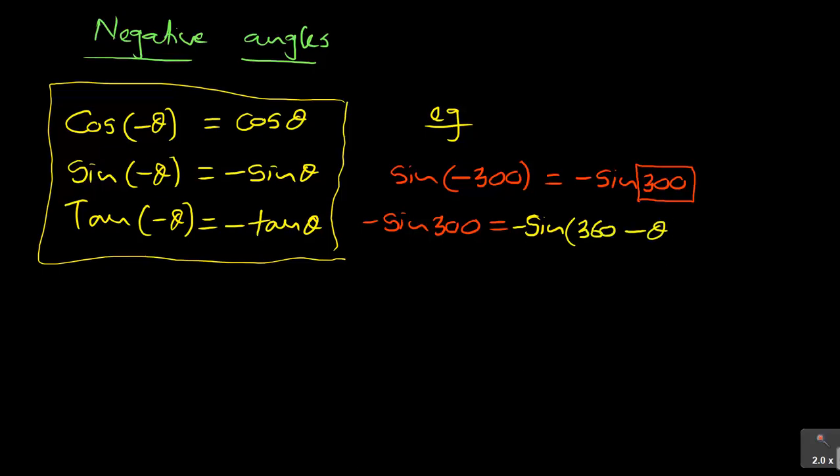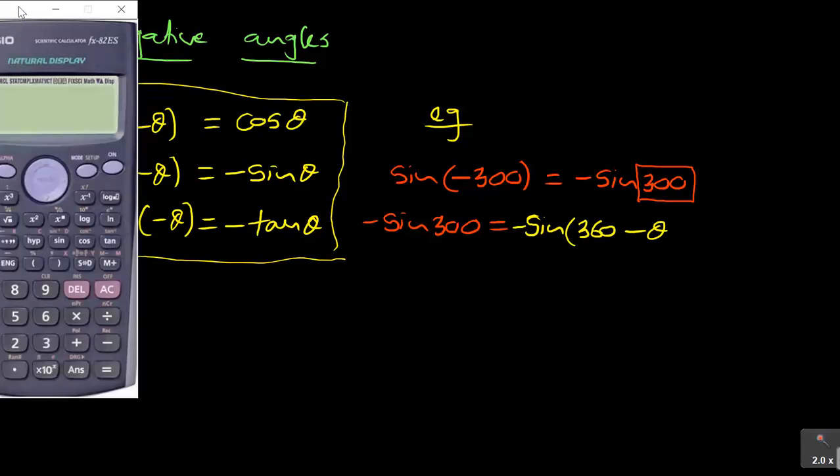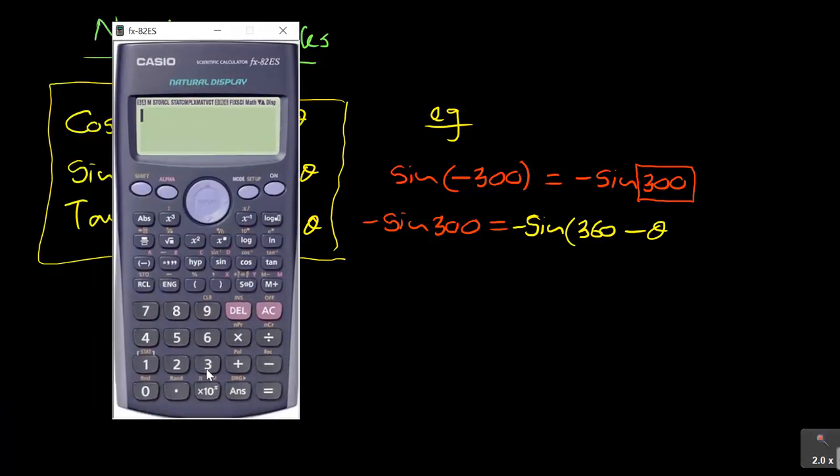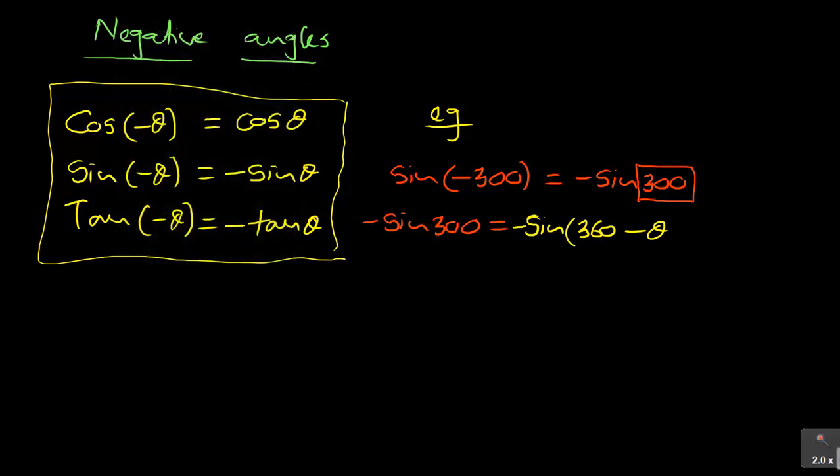But now you know your theta, which you find by subtracting 360 minus 300. Remember, to get your theta, you subtract those two numbers, it will give you 60, meaning if you subtract 60 from 360, you get back to 300. So 360 minus 60 is the same as 300.